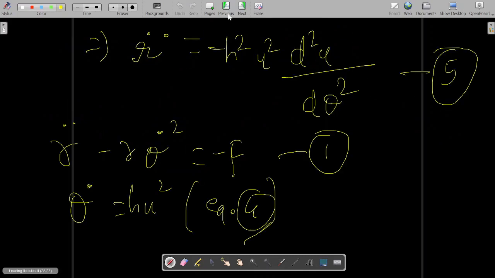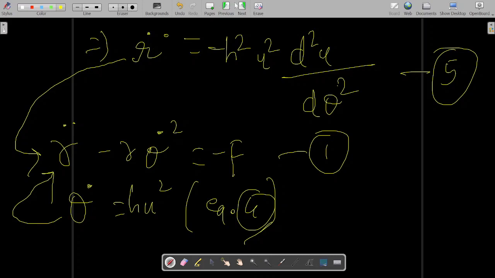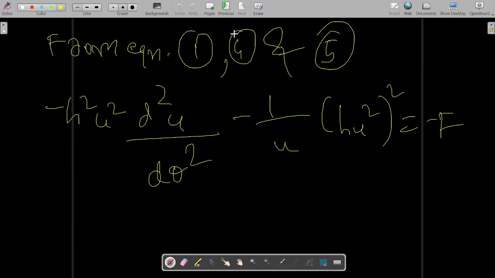Put the value of r double dot from here over here, and put the value of theta dot from here over here. This is how you will get. So from equation 1, 4 and 5 you got like this, right?